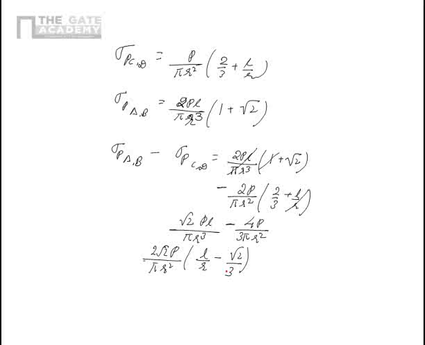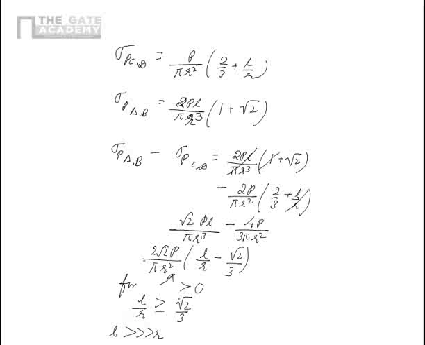This is actually the same equation written in a different form. Now we know that for this quantity to be more than 0, we have to have L upon R greater than or equal to square root of 2 by 3. Normally this condition will be correct because L is far more than R. So this condition will always be true.